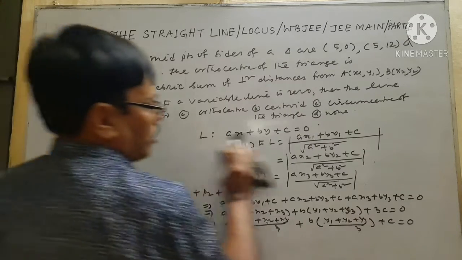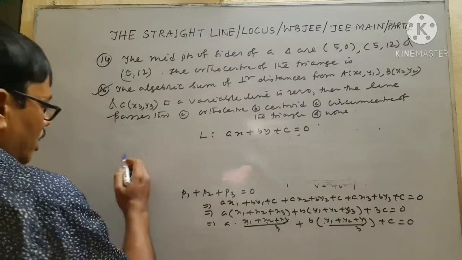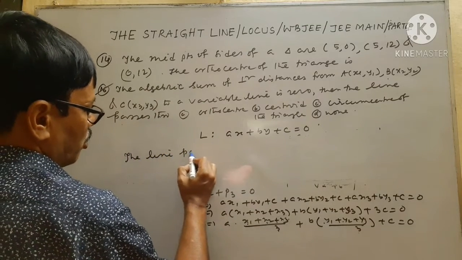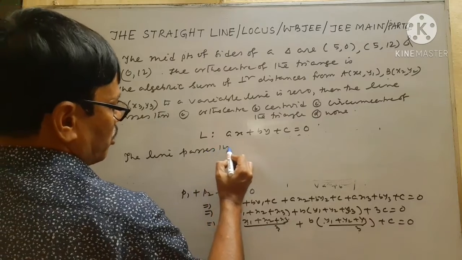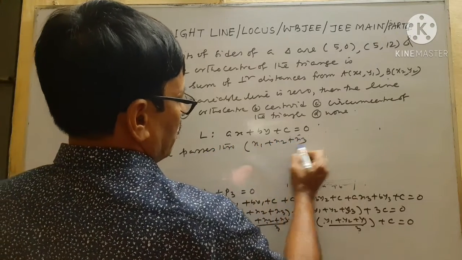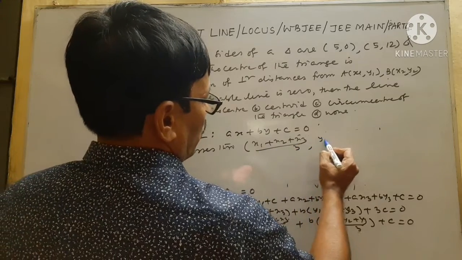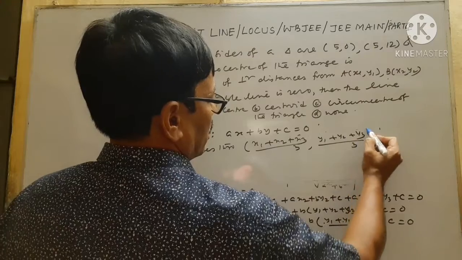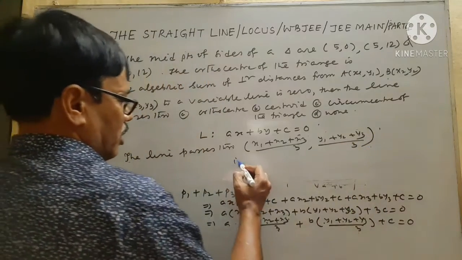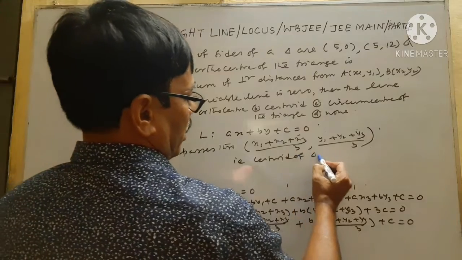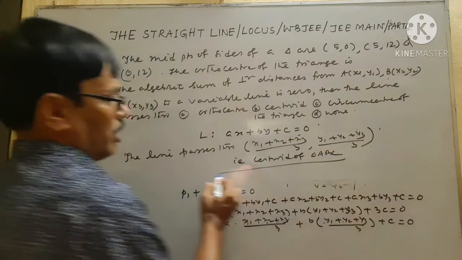So the line L passes through ((x1 plus x2 plus x3) by 3, (y1 plus y2 plus y3) by 3). That is the centroid of the triangle ABC.